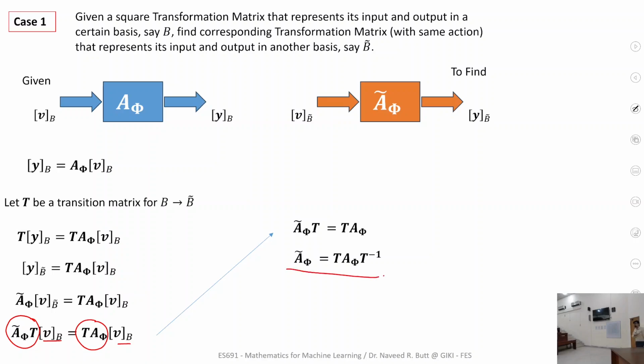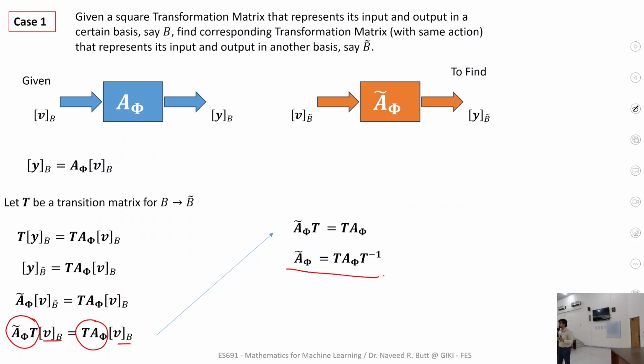Remember the definition of similarity, it comes from here. We say A phi tilde and A phi are similar if there exists an invertible matrix T such that they can be related like that. And from the linear transformation point of view, similar matrix means that these matrices carry out the exact same transformation, although it's represented in different bases.